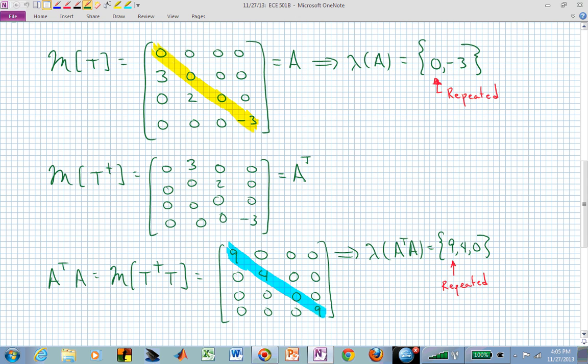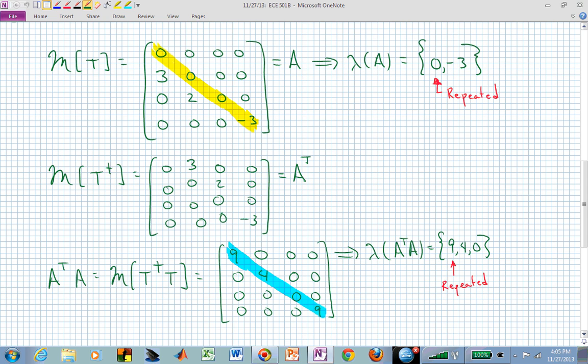Then if we look at this product of A transpose A, we see that, oh, for the first row, just scale the second row in A by a factor of 3. Scale the second row in A transpose A, scale the third row by 2, where the third row is 0, 2, 0, 0, and that's going to produce this 0, 4, 0, 0.